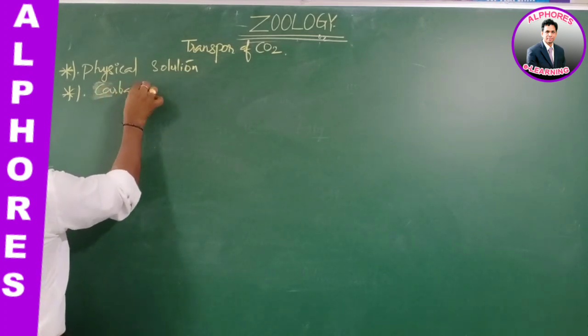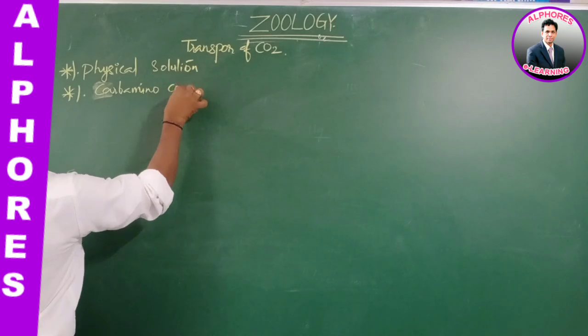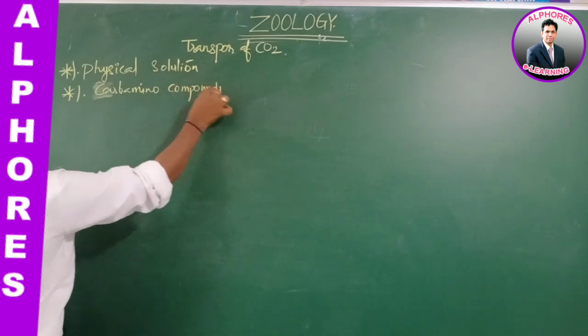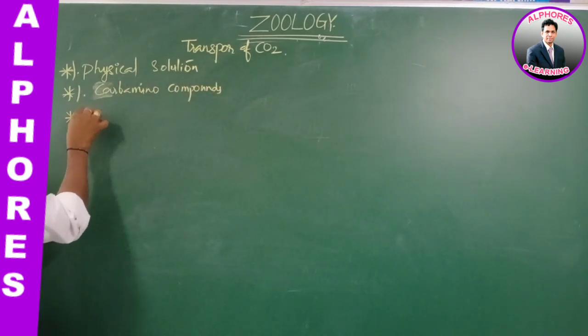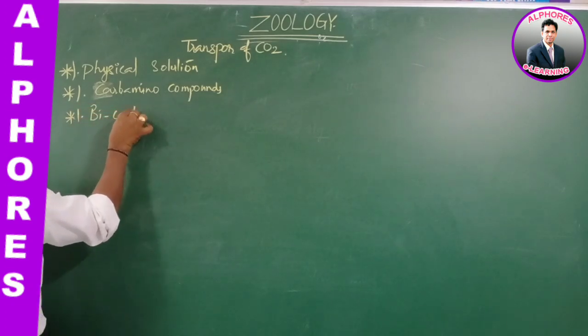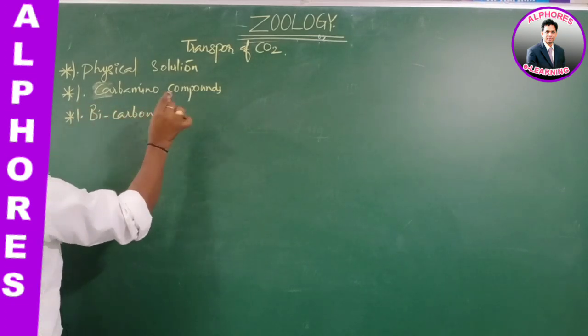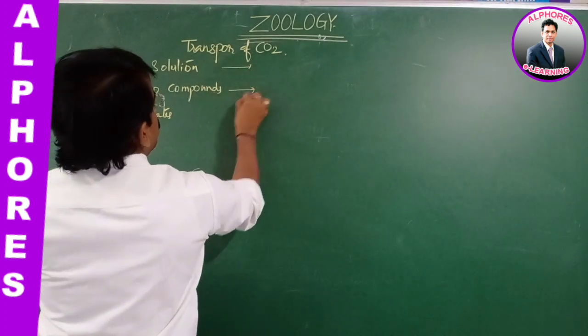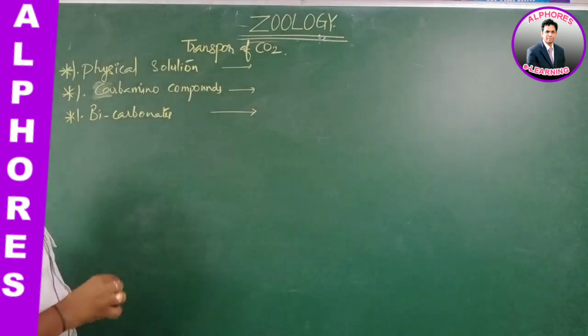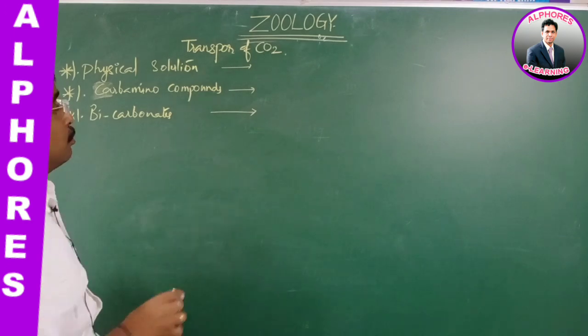Carbamino compounds. Third is the bicarbonate form. Bicarbonates. These are the three phases of the transport of CO2.